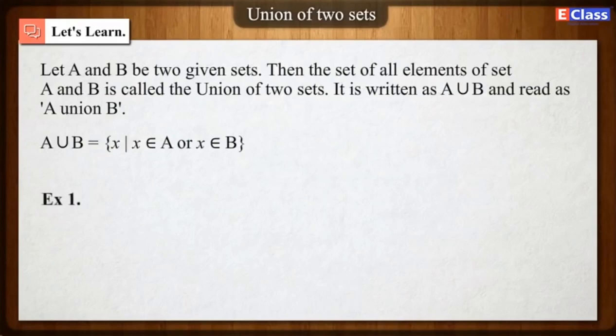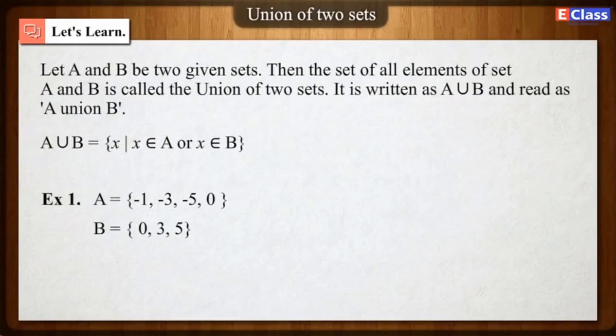Example 1. A is equal to {-1, -3, -5, 0}. B is equal to {0, 3, 5}.